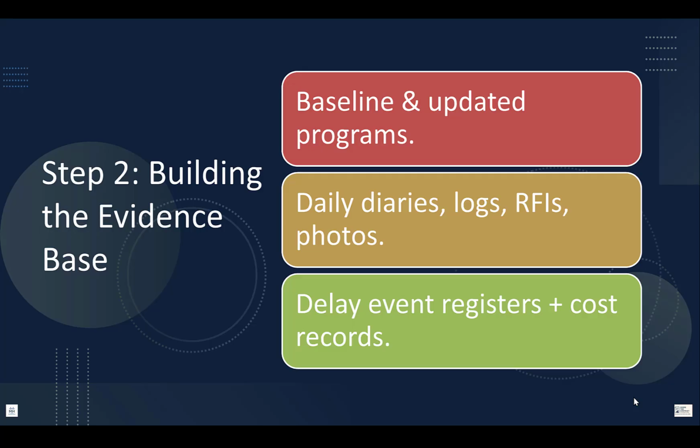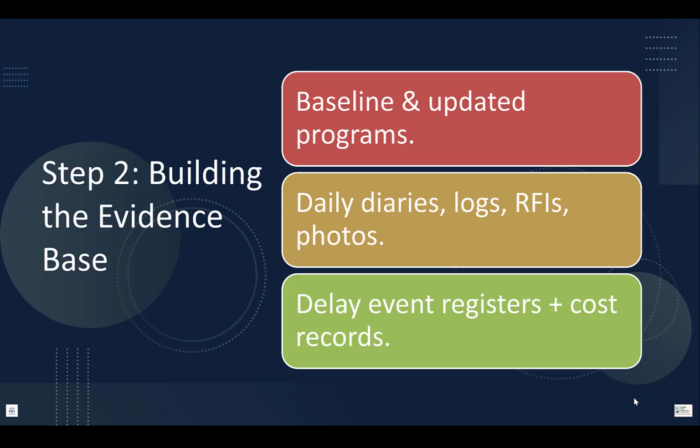2, updated programs. Weekly or monthly updates reflect actual progress, capture logic changes, show float trends and slippage. All progress must be contemporaneously recorded. Okay? 3, records. You need a record for every claim sentence you write.